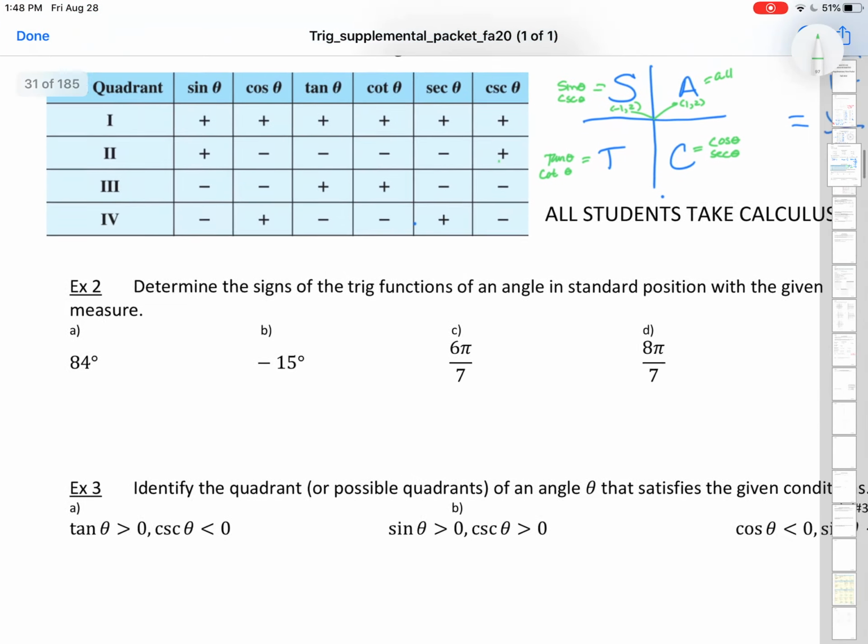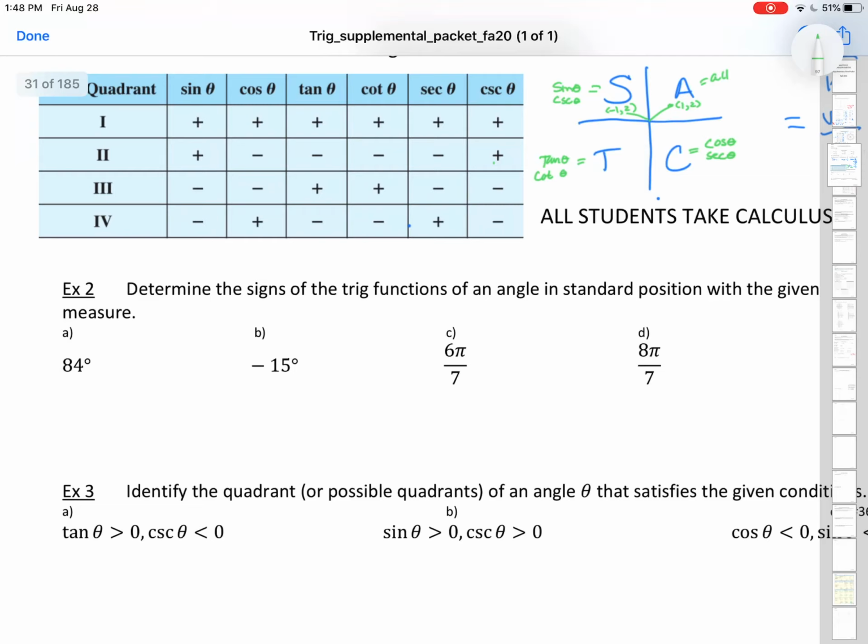So we want you to determine the signs of the trig functions with an angle in standard position. So 84 is a first quadrant angle, so all are positive. Negative 15 degrees is a fourth quadrant angle. So let me make sure you understand that negative 15 degrees would be just underneath that side. You don't have to draw it perfectly, but that's going to be in the fourth quadrant.